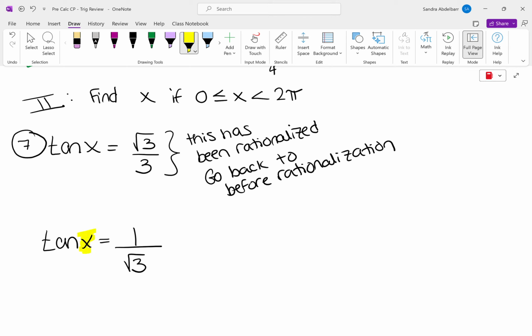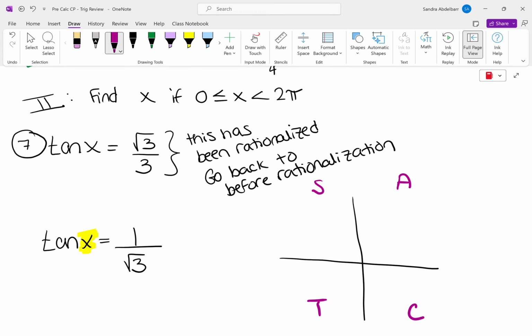Now this time we're finding the missing angle. We need to know what is the angle that gives us this. Well, this was probably the most complicated of what we've done. This goes back to the all students take calculus.